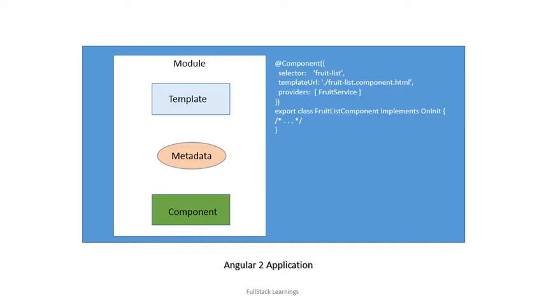So, to tell Angular that the fruit list component is a component, attach metadata to the class. Here's the @Component decorator, which identifies the class immediately below it as a component class. Here, selector, templateUrl, and providers are configuration options.